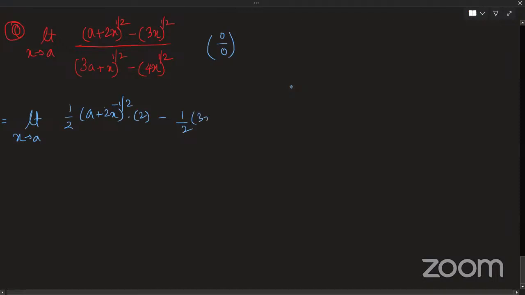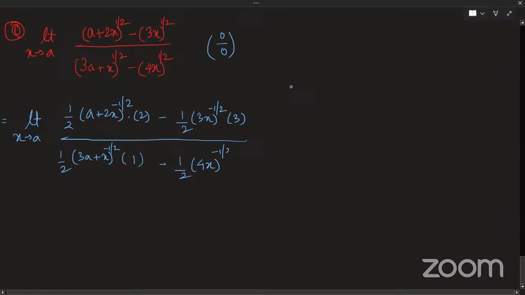Half into 3x to the power of minus half into 3, right? Yes, sir. Whole divided by half into 3a plus x to the power of minus half multiplied by, what will come over here? 1, sir. Great. Into half into 4x raised to minus half into 4, right?